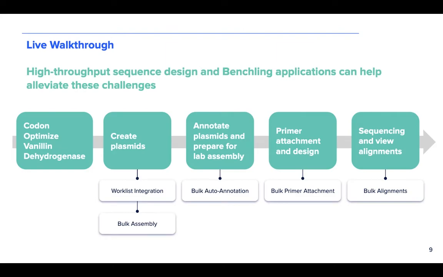And in doing so, we'll walk through a bunch of different bulk and high throughput features we've added recently into Benchling. For example, work list integrations for bulk assembly, bulk auto annotation, bulk primer attachment, and then bulk alignments. So with that, I'll hand it over to Damian.